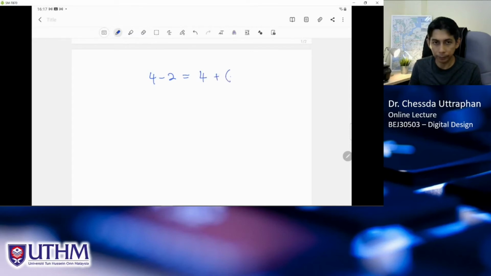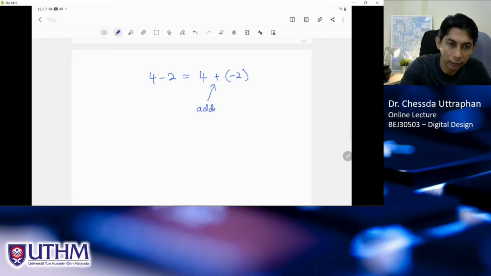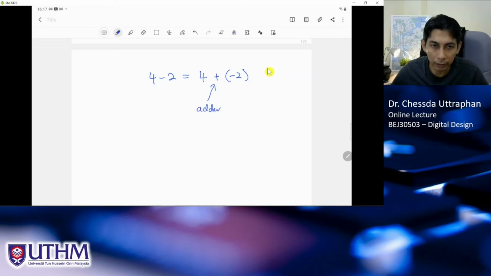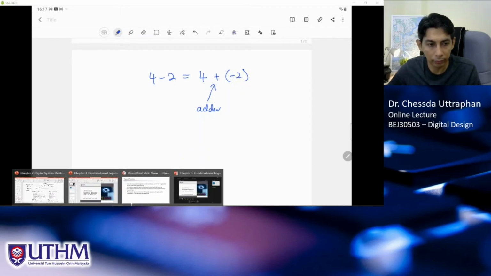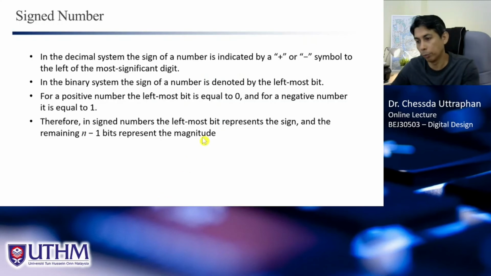So here means that we can use adder hardware in order to do subtraction. The only problem is how to represent a negative number in digital, right? So to do that, we need to look at the possibility that we can have.